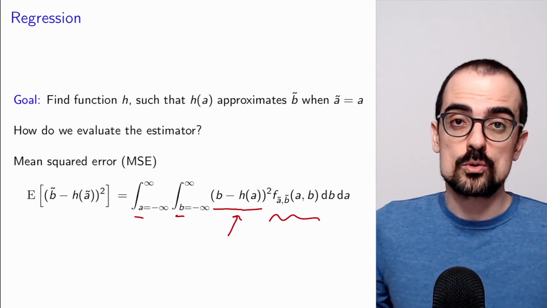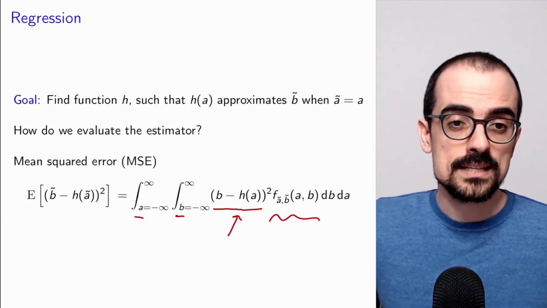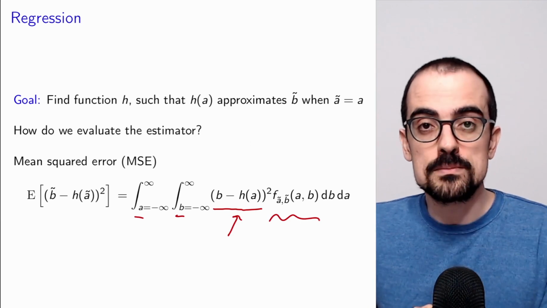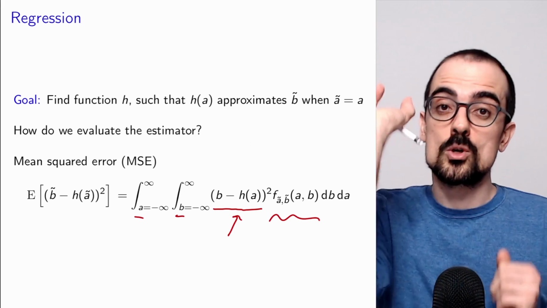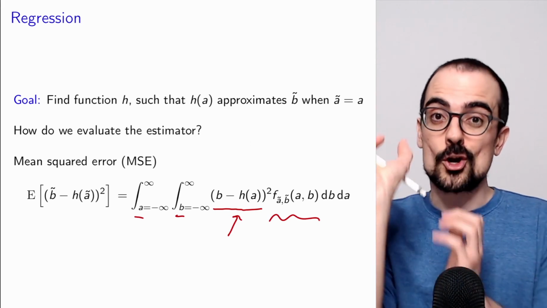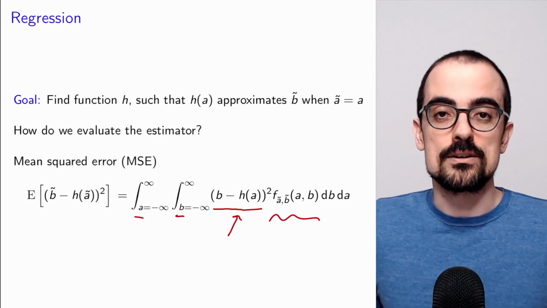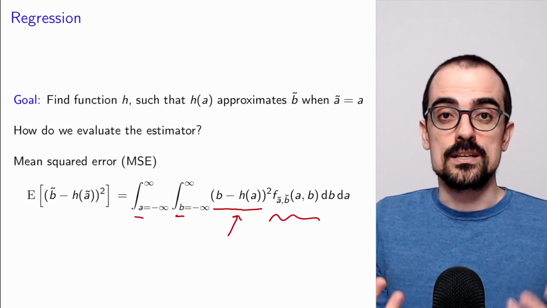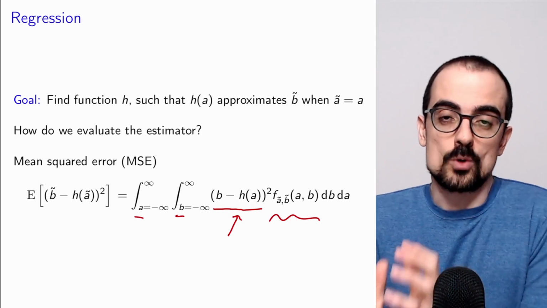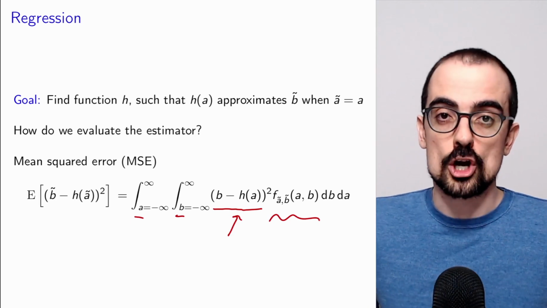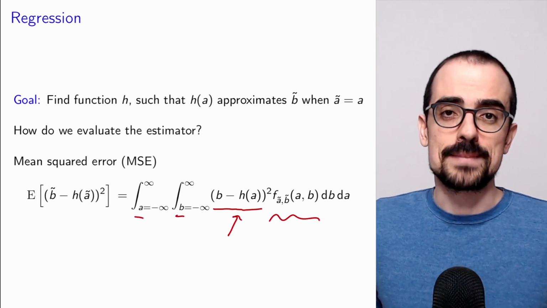If these were two discrete random variables, then instead of the density, we would have the joint PMF, and we would be weighting more values of a and b that occur more often together. So that makes a lot of sense. That is what the mean squared error is doing. It's averaging the squared error in a way that gives more weight to values that occur more. Hopefully that makes sense.